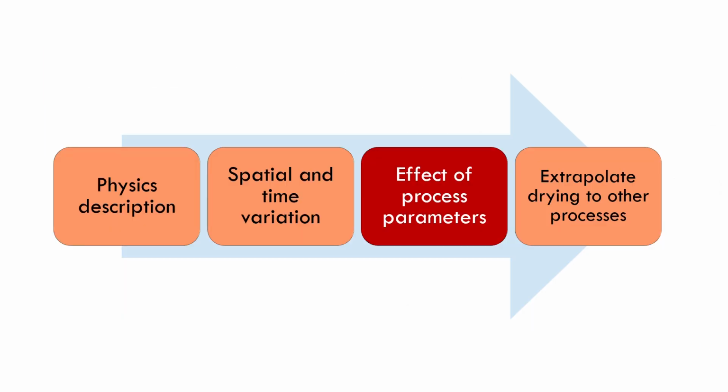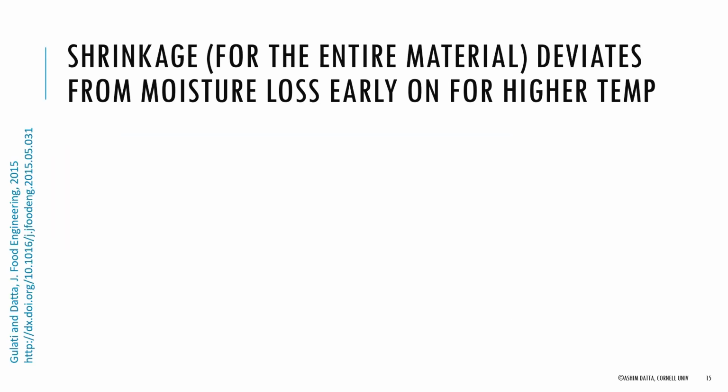So the physics that we talked about, temperature change, moisture change, shrinkage, and so on, how are they being affected by the process temperature? That's the physics we're going to talk about next. We know the food material shrinks as it dries, but the amount of shrinkage, does it depend on the drying rate?